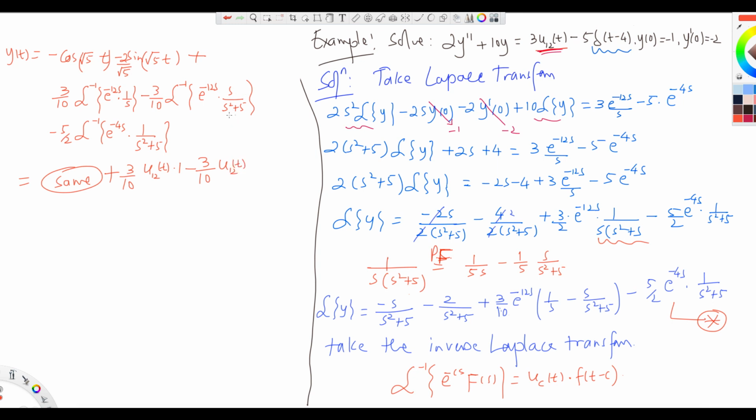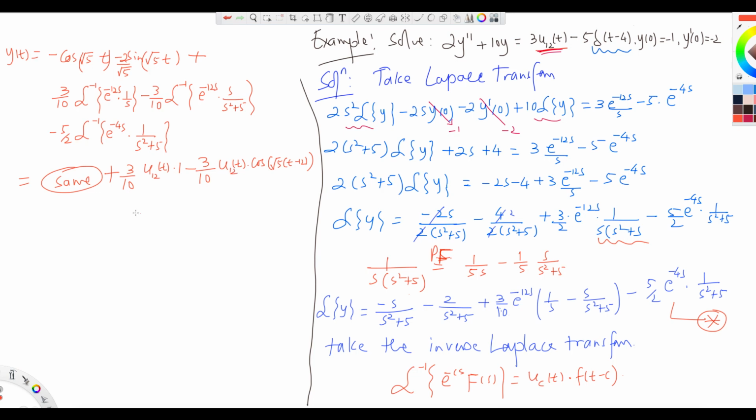So what is the inverse Laplace transform of that? That will be cosine at, right? a means root 5 because this is a squared, right? So it will be cosine root 5, and then t will be replaced by t minus c. But c is 12. So it will be t minus 12. That's what it looks like.